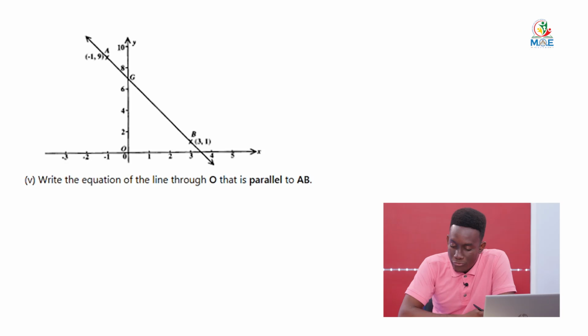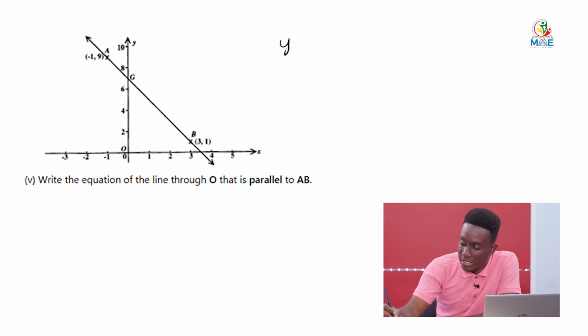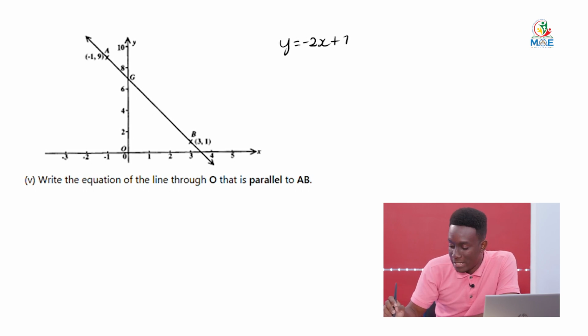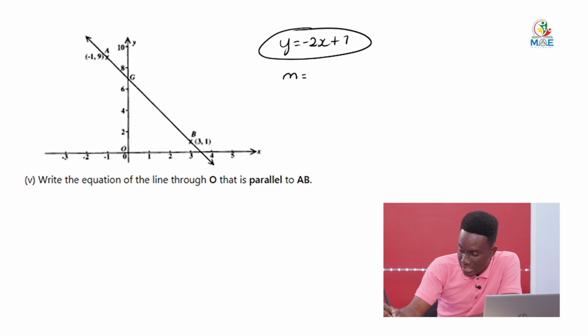Next one, write the equation of the line through O that is parallel to AB. The equation of the line AB is y equals negative 2x plus 7. They want the equation of the line parallel to AB, and parallel lines have the same gradient. So if the gradient of AB is negative 2, the gradient of the line that we want is the same, negative 2, because they are parallel.